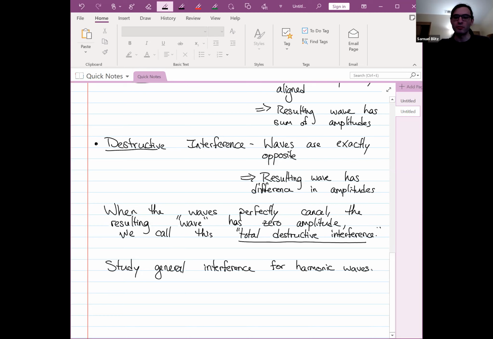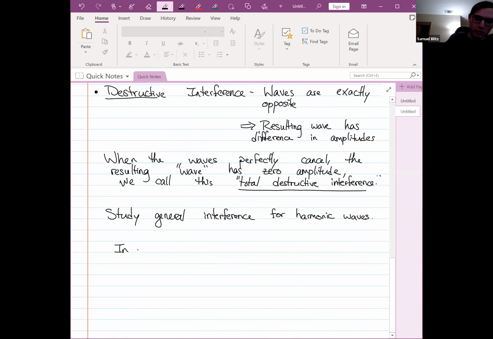So in general, we talked last time about how harmonic waves have 4 descriptive numbers, right? There's the amplitude, the wavelength, the period, and the phase constant. If I hand you 2 harmonic waves, all 4 of those numbers could be different. We will study those differences, but we want to narrow our scope to understand a particular phenomenon better.